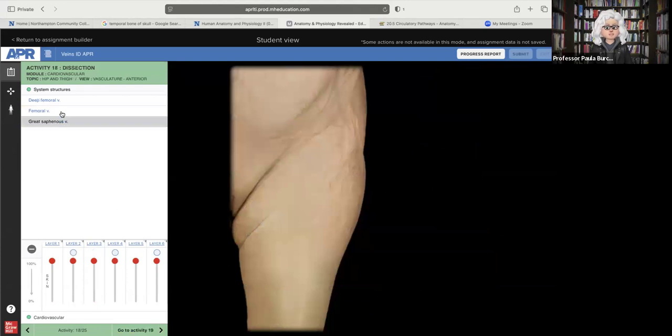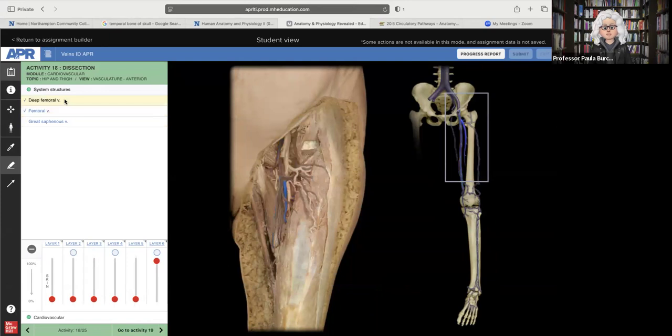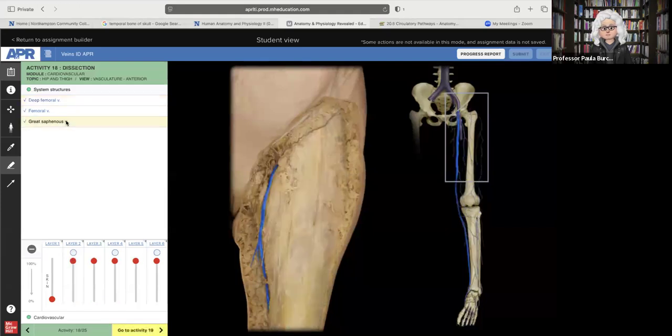Looking at the thigh, remember the femoral drains into the external iliac vein. You're going to have a deep femoral, just like you had deep femoral arteries here. And then the great saphenous, remember, is running along the entire leg on the medial side.